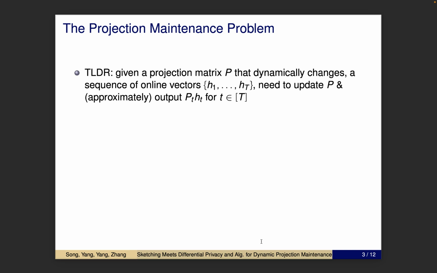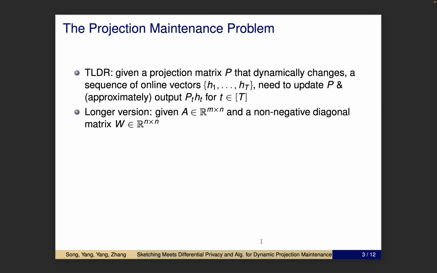Think of we have received an online sequence of vectors from h1 to ht, and at each time t, we receive the t-th vector. The goal is we need to maintain this projection matrix P, update it, and approximately output the matrix vector product of P_t times h_t.